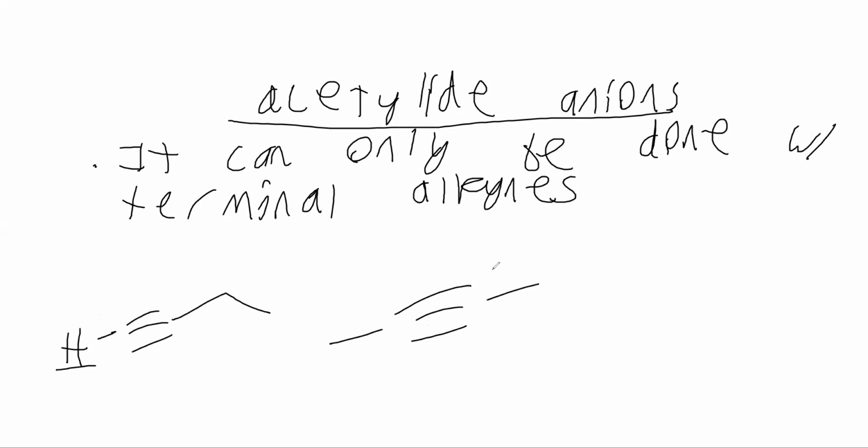So if you were given an internal alkyne in these conditions, I would say that you should write no reaction. I really don't think he's going to do that to you, but in the event it did, nothing would happen because it can't deprotonate this alkyne. So you write NR for no reaction.